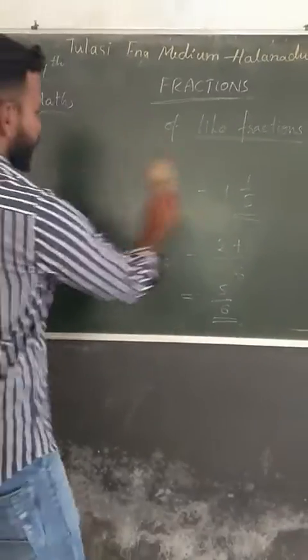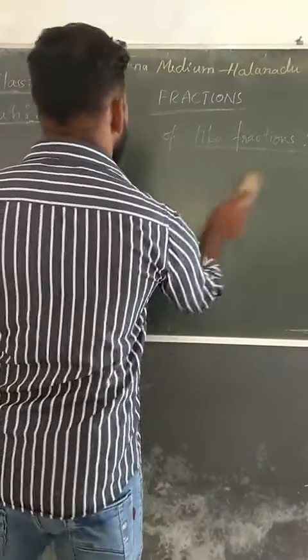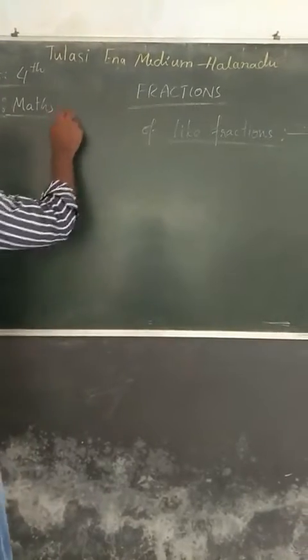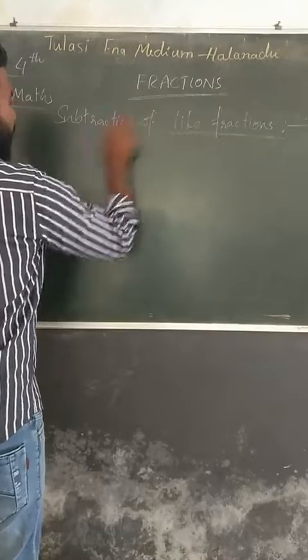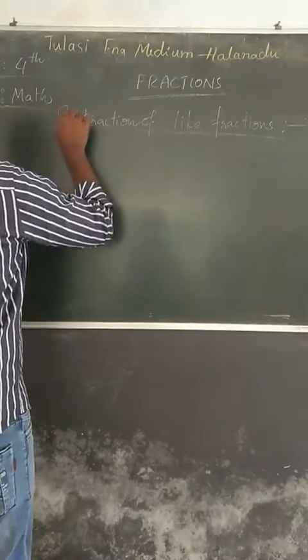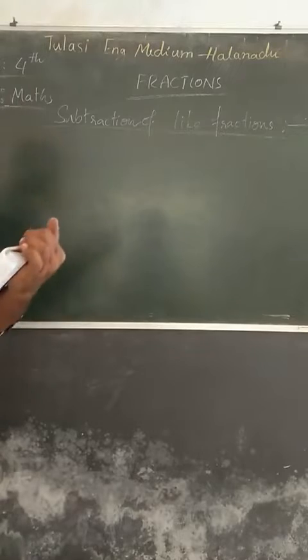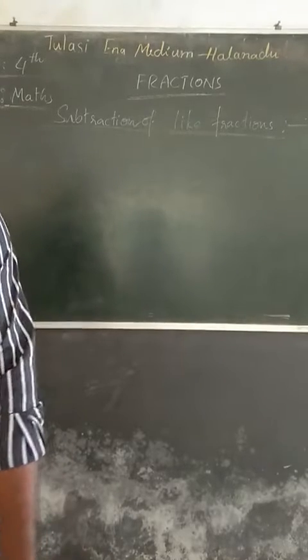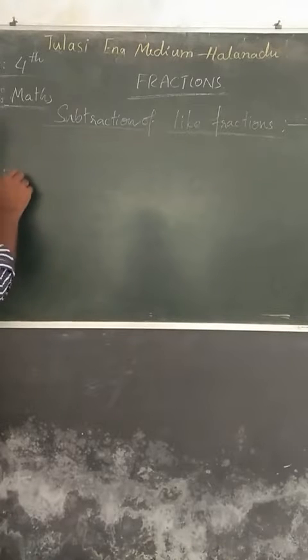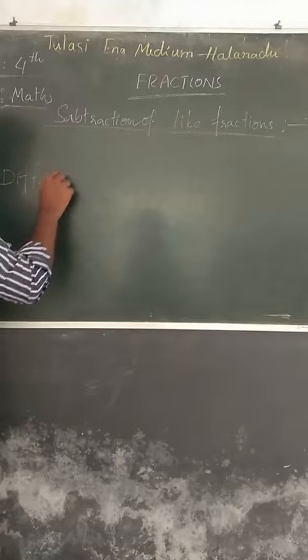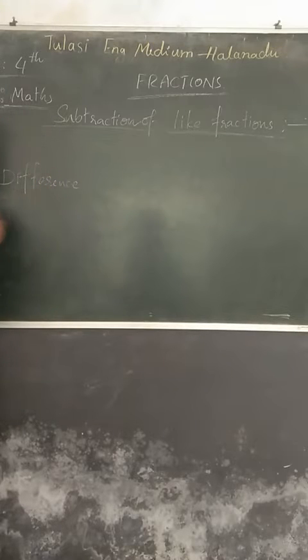Subtraction of like fractions. In the addition we will get the sum, but in the subtraction we get the difference in the place of sum.